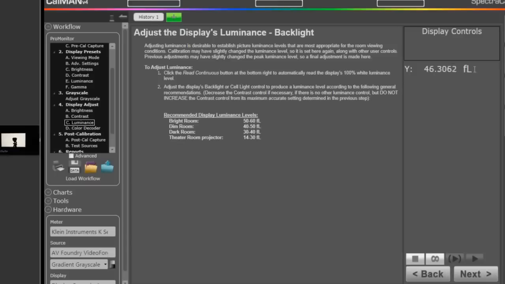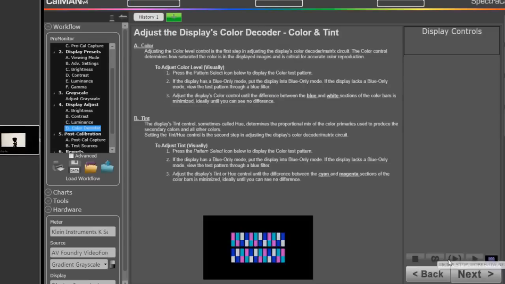Next step then is for setting the color decoder adjustments, which include the color and tint controls. When I select the appropriate test pattern, I get a set of colors here which include blue and white, which are the two that I'm going to compare in order to properly set the color control.